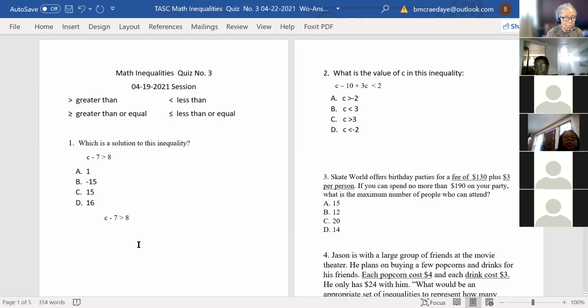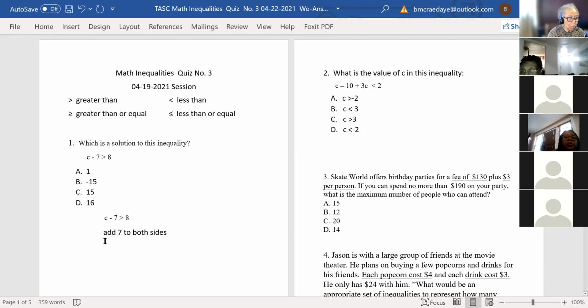Remember we went through some rules. If it's a subtraction, you're going to add. That's right. So what do we add, Alba? You're going to add 7. That's right. So we add 7 to both sides of the inequality.